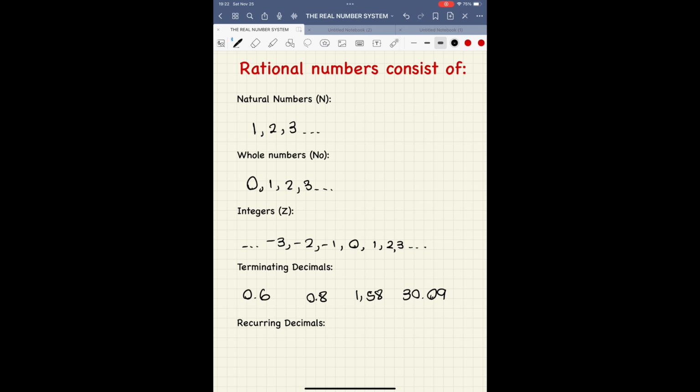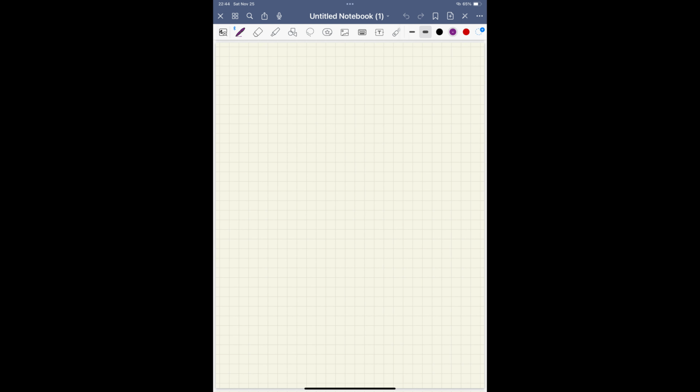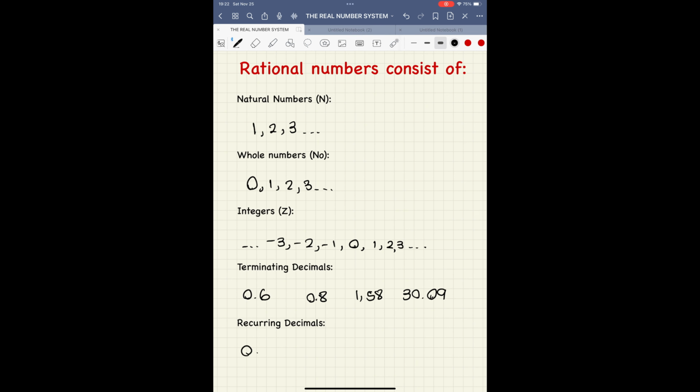And then lastly, we have recurring decimals. So these ones have an infinite pattern, meaning they repeat indefinitely, right? So they have a repeating pattern. For example, you can have 0.565656 up until infinity, isn't it?